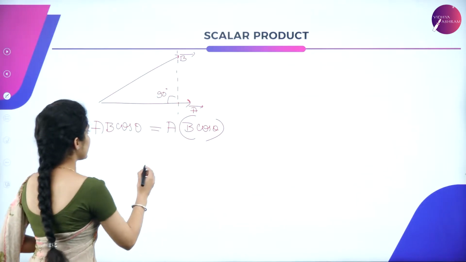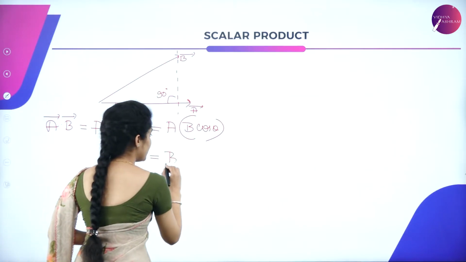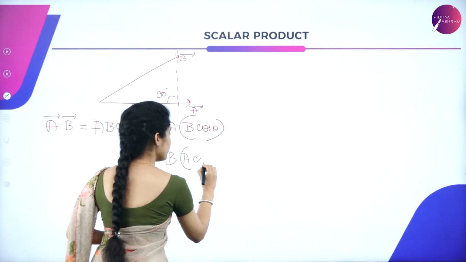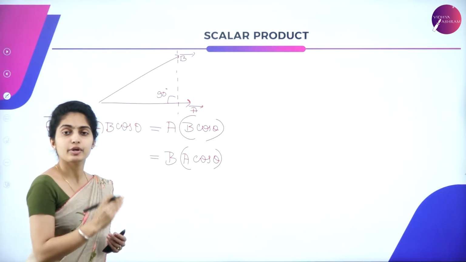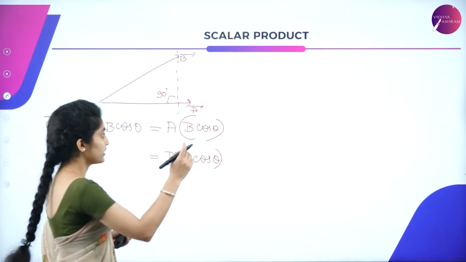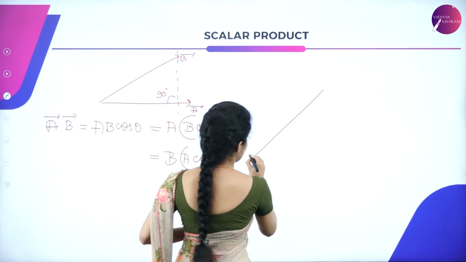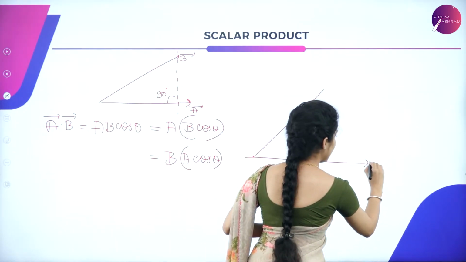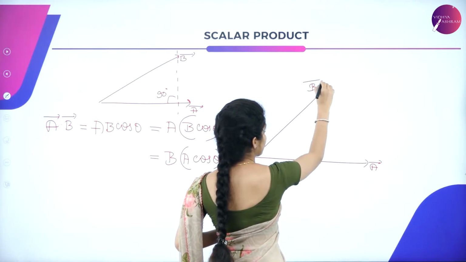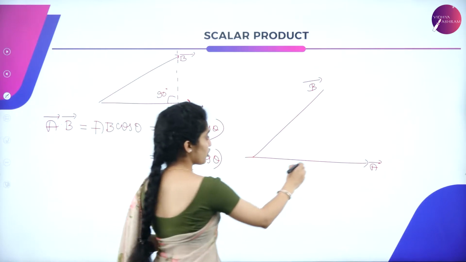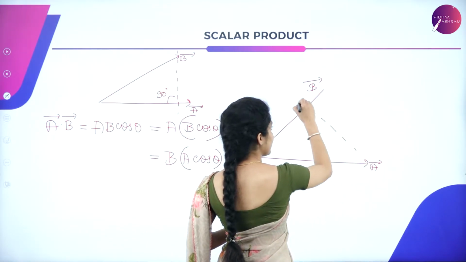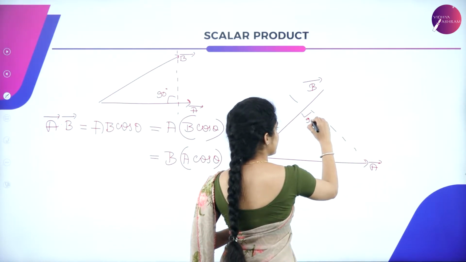Suppose in the other case, that is B into A cos theta, the order has changed. Then it shows that this is your vector A and this is your vector B. A is getting projected on B. So the projection of A on B is at 90 degrees here.